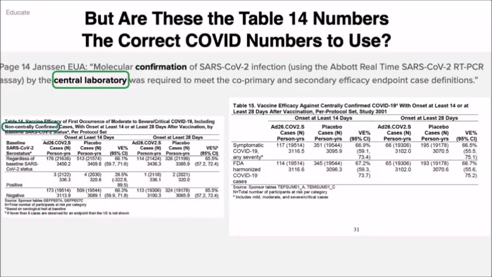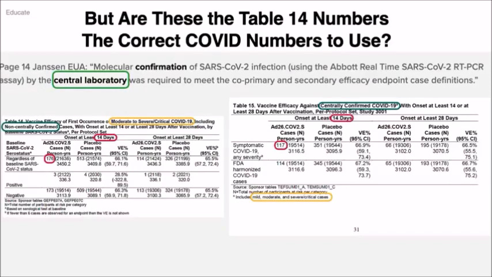So EUA non-centrally confirmed, looking at moderate to severe critical COVID, versus the centrally confirmed, which not only included moderate and severe critical, but included the mild cases. At 14 days, there were 176 who were diagnosed with COVID. The central lab at 14 days, that dropped to 117.